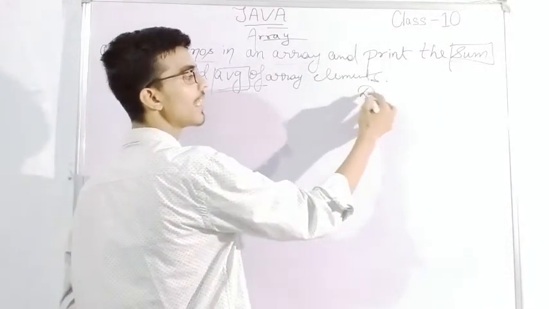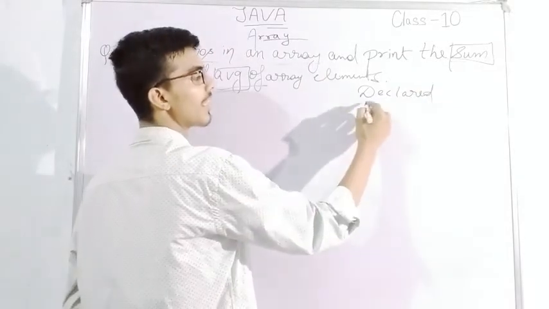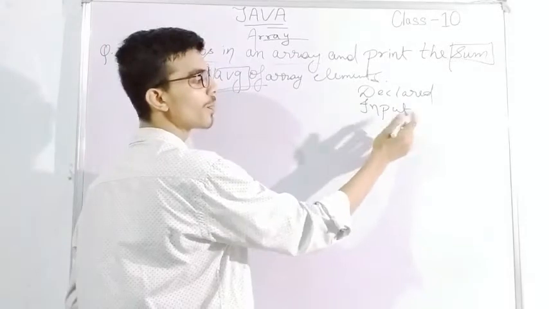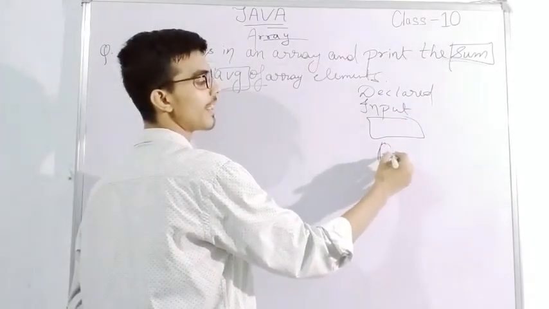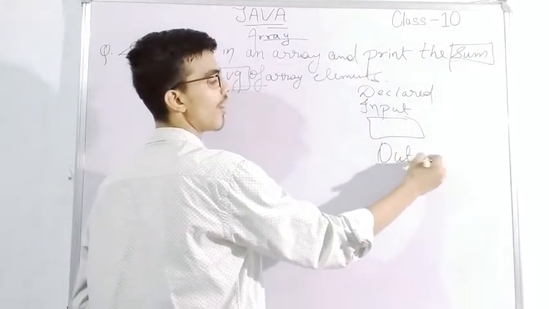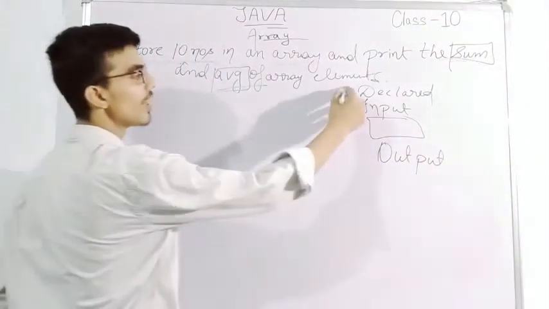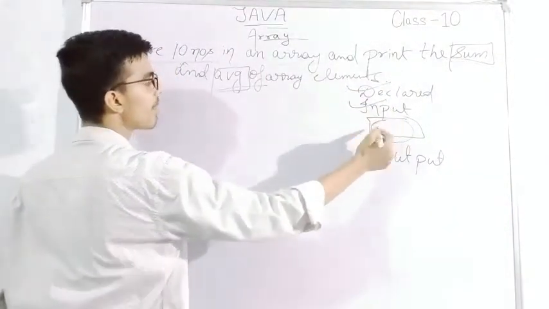First we have declared and taken input. Now we have to do processing and then we'll print the output. This is the whole method. We have taken input, and after this, what will be the process?